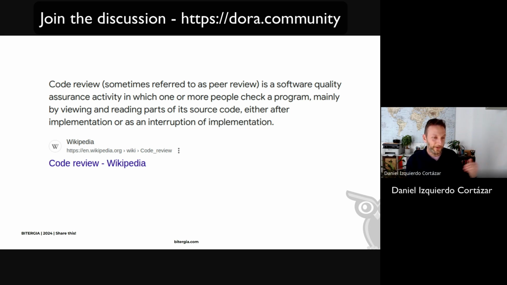They mention other things if you go to the Wikipedia page, but they specifically say software quality at the very beginning. This is quite highlighting, and even biased, depending on who wrote it, because there are other discussions that we can have later. But just to start with, let's go with this.